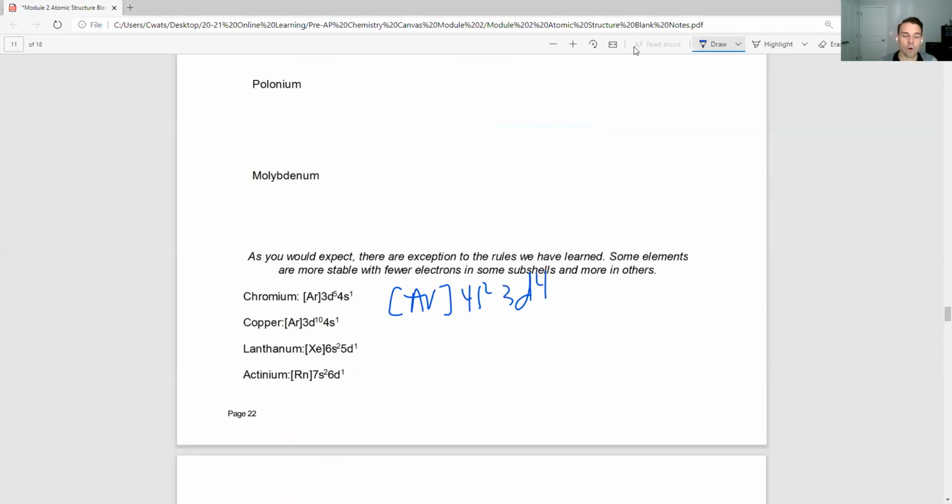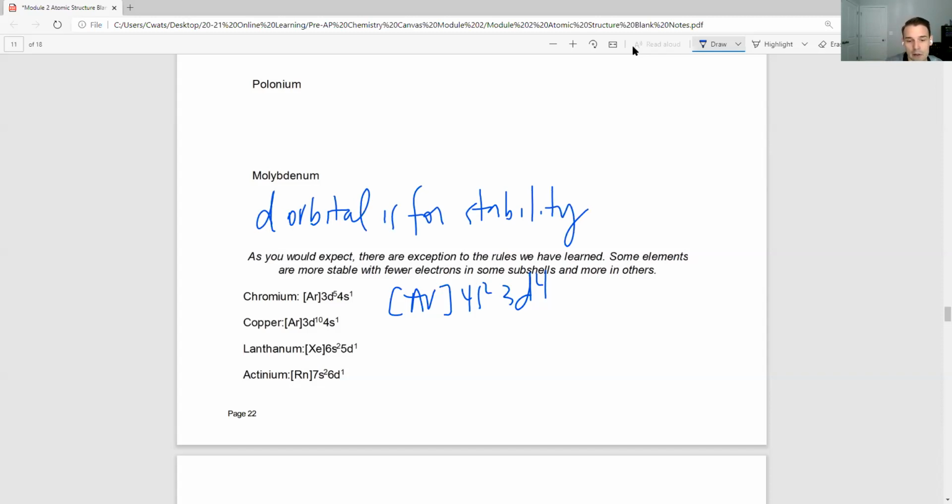But chromium becomes more stable when the d orbital has an electron in each one of those boxes. The d orbital is for stability. So the more that it can be full, the more stable it's going to be.